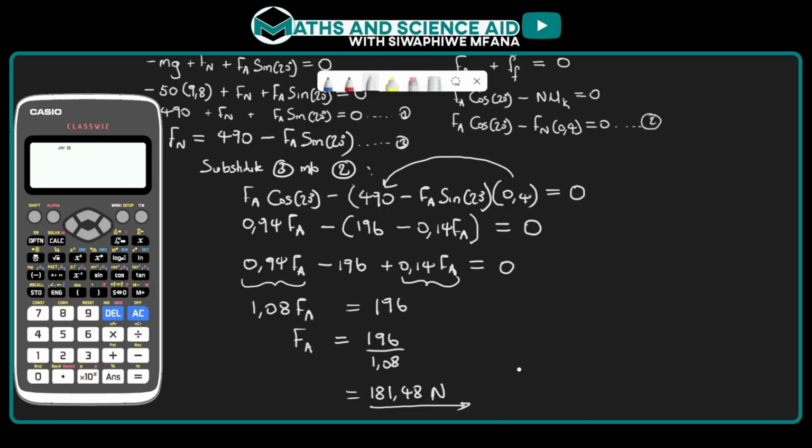So I have just noticed something. In the memo, the answer is 182,156 newtons. And the reason that the answer we have obtained here is not the same as in the memo is due to rounding. Here we calculated sine of 20 multiplied by 0,4. So here, if we had calculated the sine of 20 separately, we would have gotten 0,34.